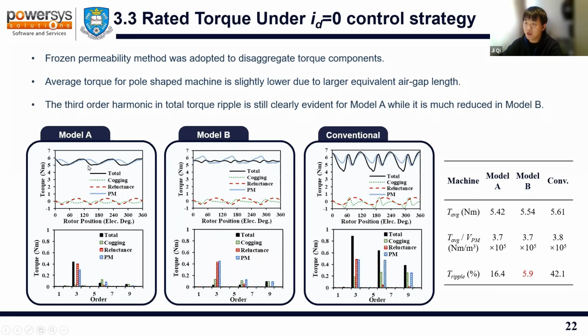And for model A with the symmetrically pole-shaped machine, the total torque ripple can be reduced, but is still relatively large. And for model B with the asymmetric pole-shaped model, the overall torque ripple shown in the black line here is very small.